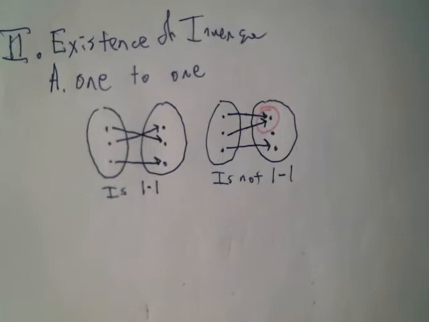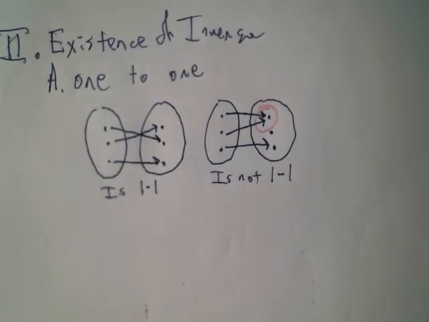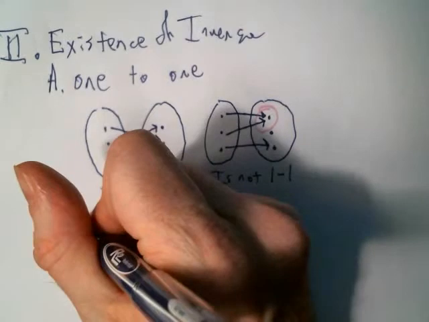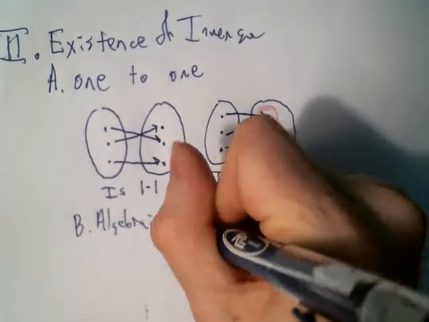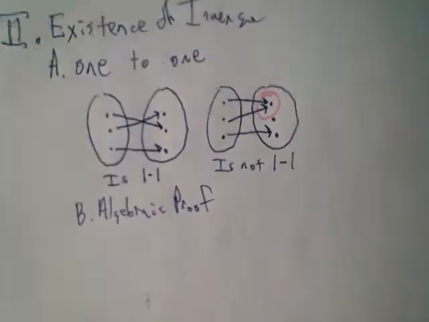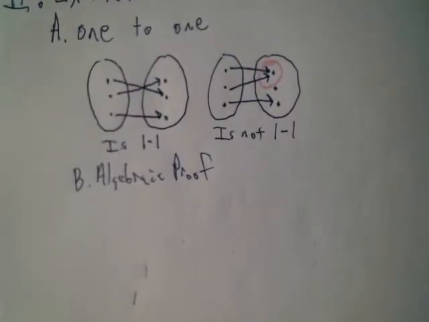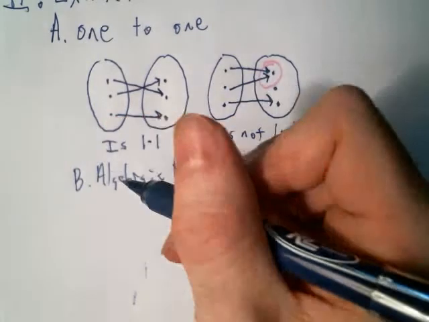Okay, so there are different ways to prove this thing. There are algebraic ways, the algebraic method, which we don't get too carried away with, these kinds of proofs, but they are out there.